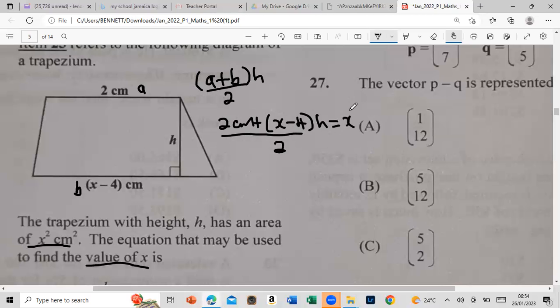Let's see if that is there. If not, we can simplify that. So let me just write it up. It should be 2 plus x minus 4 over 2, bracket h, equal x squared. So let's see if they simplify it or they have this as an option.